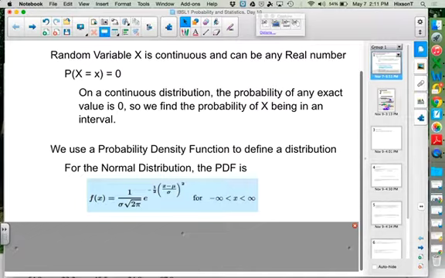Lowercase sigma stands for standard deviation. So it's 1 over the standard deviation times the square root of 2 pi times e to this power. Notice in here it's negative 1/2 times x minus mu, where mu is the mean, over sigma squared.